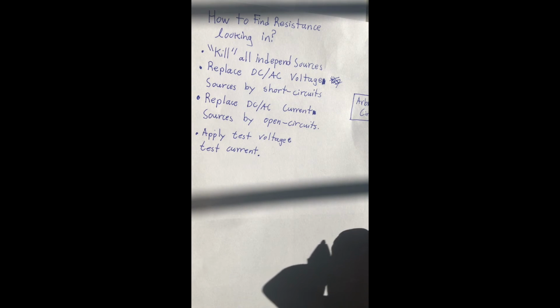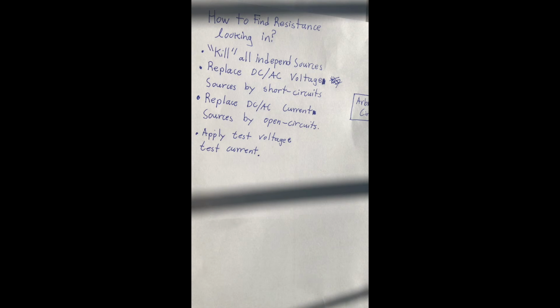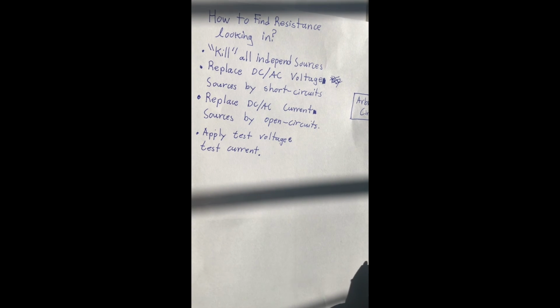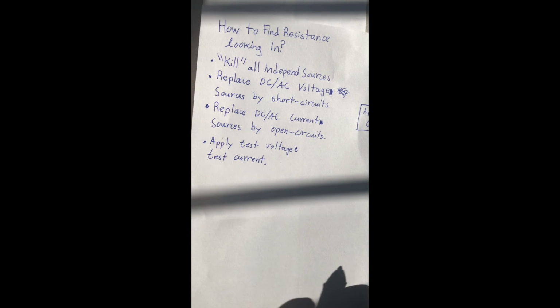This is the process that we need to take in order to find the resistance looking in. First, we have to kill all the independent sources. We replace the voltages, DC or AC, by short circuits, and we replace the currents, DC or AC, by open circuits. Then we apply a test current and a test voltage to measure the resistance.